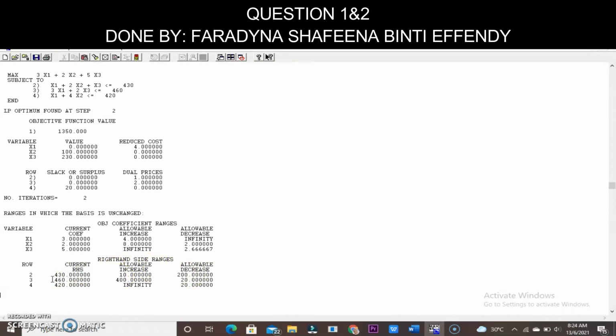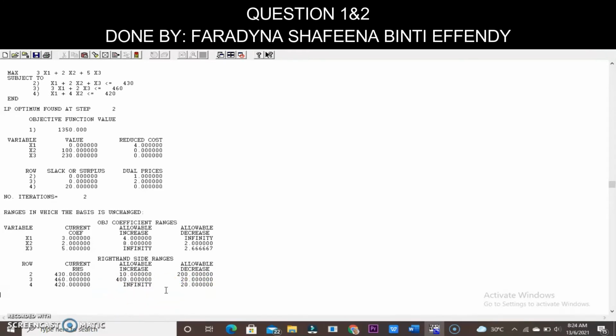Operation B is 460, and the feasibility range is from negative 20 to 400. And the last one, operation C is 420, and the range is from negative 20 until infinity. That is how we read an LP problem from Lindo. Let us proceed to the next question.